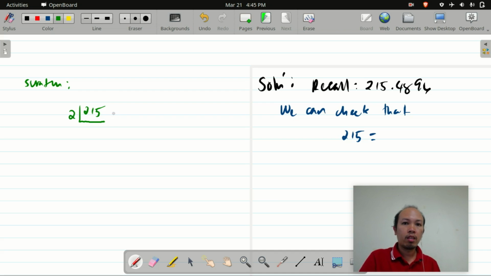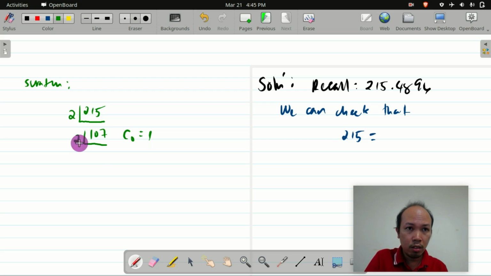So 215 divided by 2, the quotient is 107, and the remainder is 1. Then divide again by 2. 107 divided by 2, our quotient is 53, 53 times 2 is 106, so our remainder is 1 again. Divide by 2 again, up to 0.